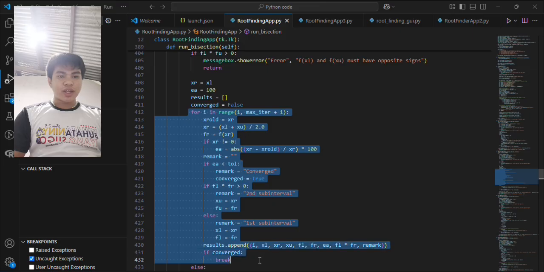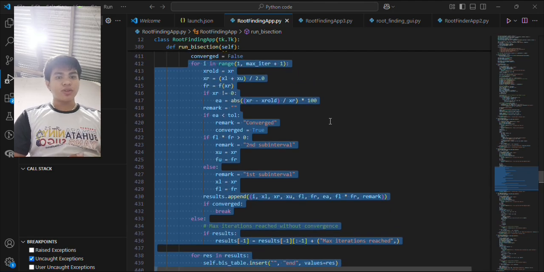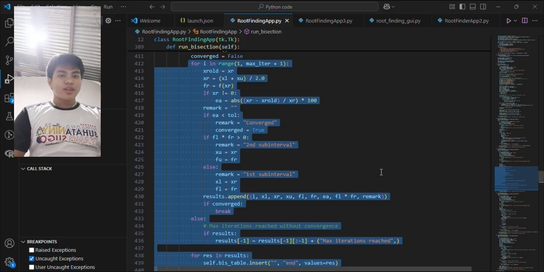Check stopping conditions. If f of xr equals 0, it means an exact root. If error is less than tolerance, it is an approximate root. Step 3. Update bounds.